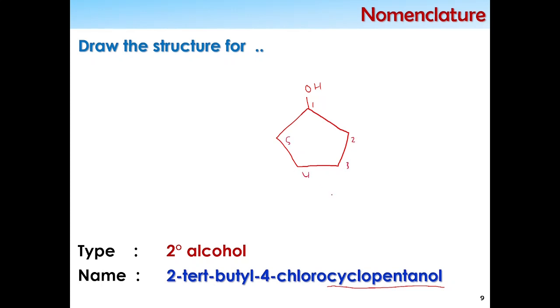And you have 4-chloro. So 4-chloro is here, and 2-tert-butyl. Okay, tert-butyl means this one is tertiary butyl. Okay, so this is the structure. Oh, I cannot undo. Okay, let me just draw.